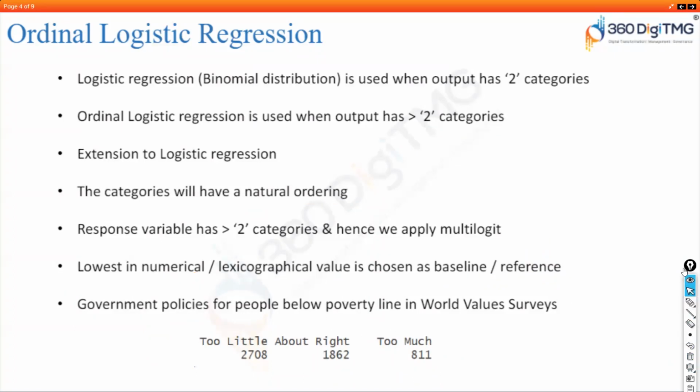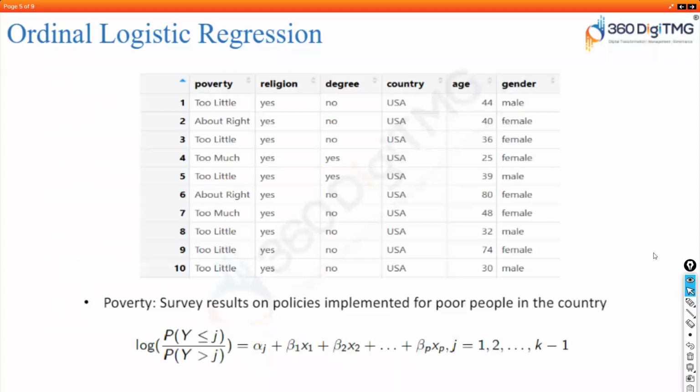Too much is also too bad. So based on religion, degree, country, age, gender, probably you're looking at those aspects. These are survey results on policies implemented for poor people in the country. Is it doing too little, or about right, or too much? This can be arranged in a sequence, ideally.